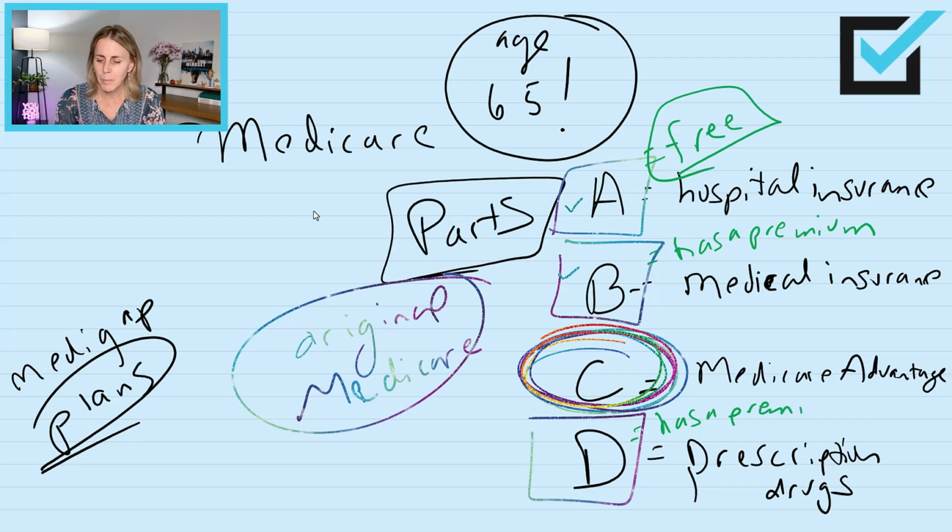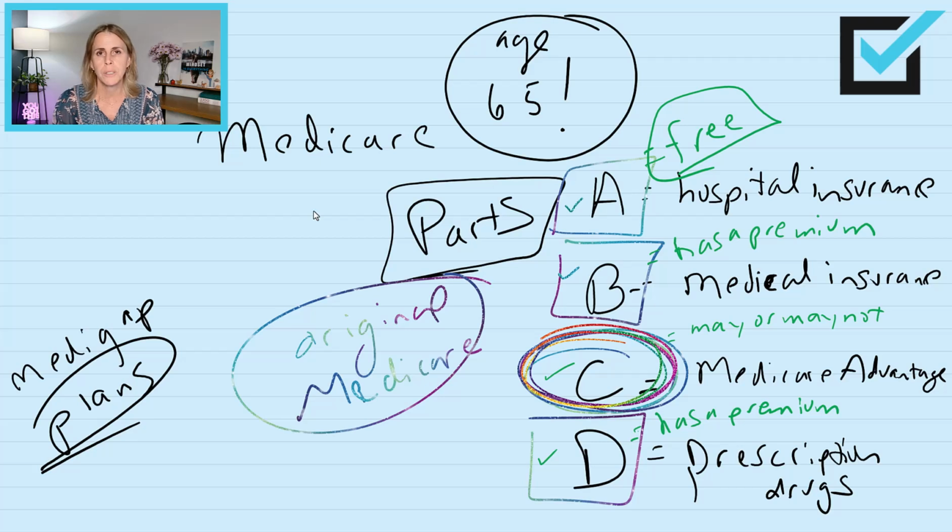How much is the premium depends upon which plan you decide to enroll in. So private insurance companies offer Medicare Advantage plans and prescription drug coverage. So there is a premium for B and there is a premium for D, and there may be a premium for C or may not have a premium. Depends upon what choices are available to you, which depends upon where you live.